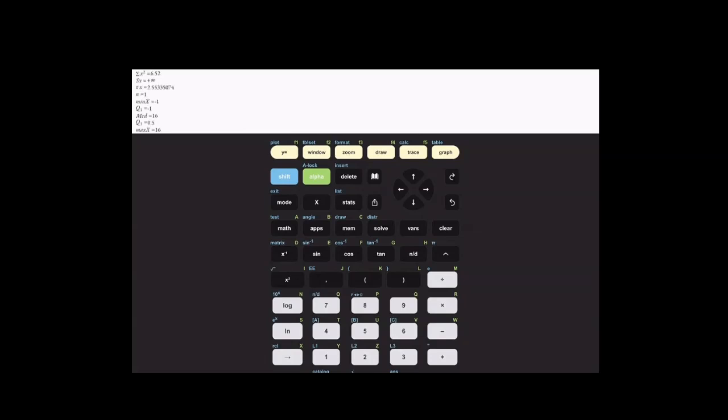Calculate. And there's my answers. So x bar is my mean, my expected value. You can just do the dot, dot, dot. The ellipses is perfectly fine. And then if I go down to my standard deviation, sigma, you can see it's 2.55, and that is my answer. So the mean is negative 0.02.